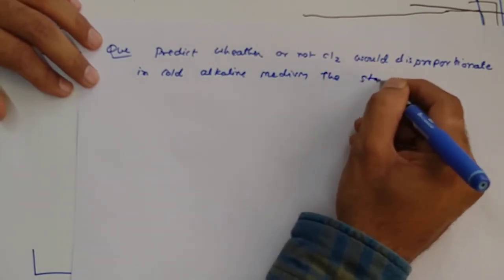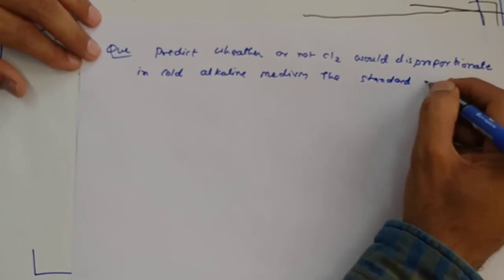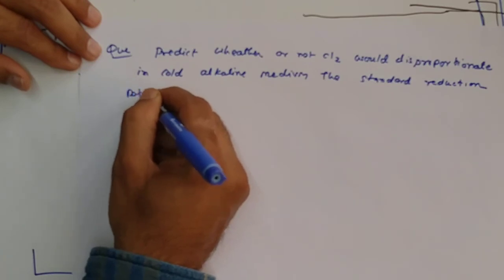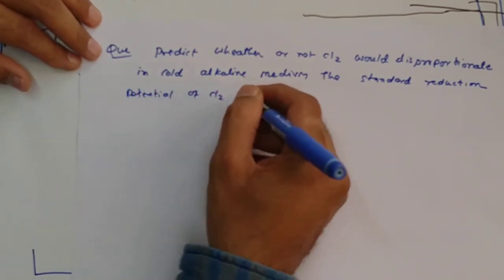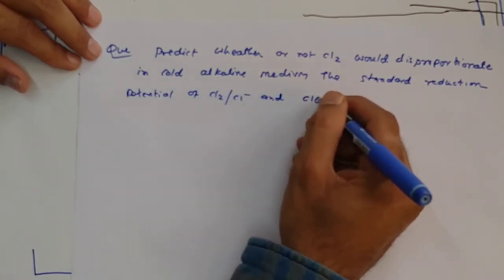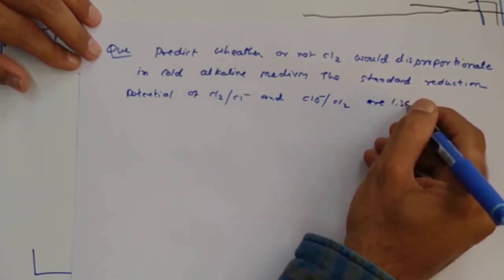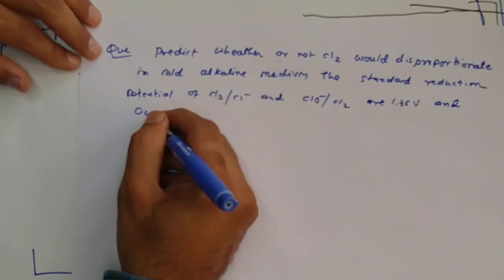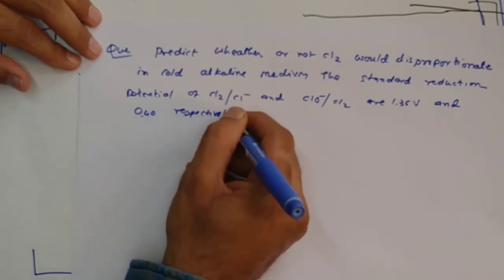The standard reduction potentials of chlorine to Cl minus and ClO minus to chlorine are 1.36 volt and 0.40 respectively.